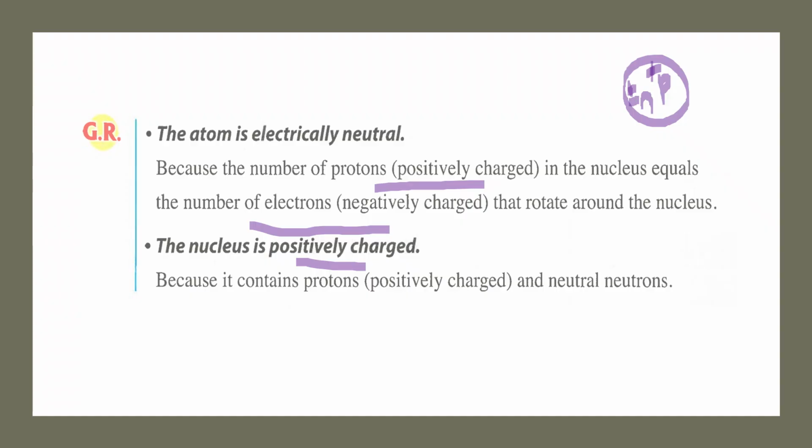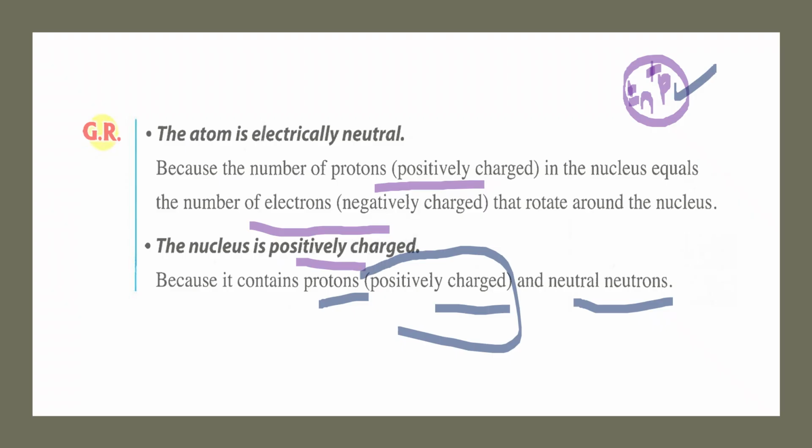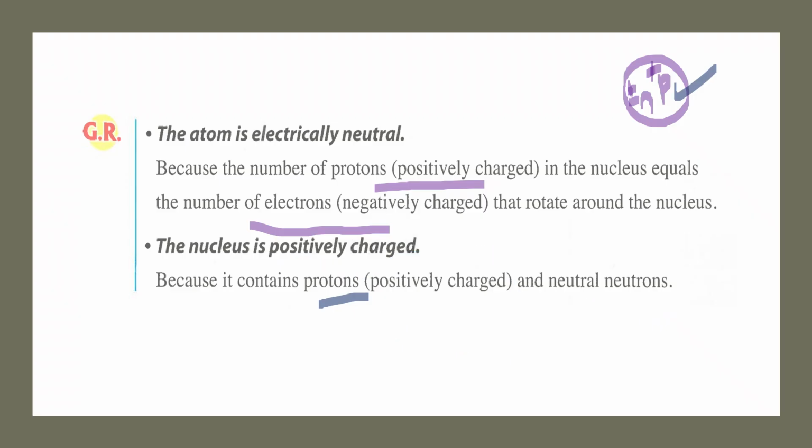So the effective charge which controls the nucleus is the charge of the protons. Because it contains positively charged protons and uncharged neutrons, the effective charge in the nucleus of the atom is the charge of the positive protons.